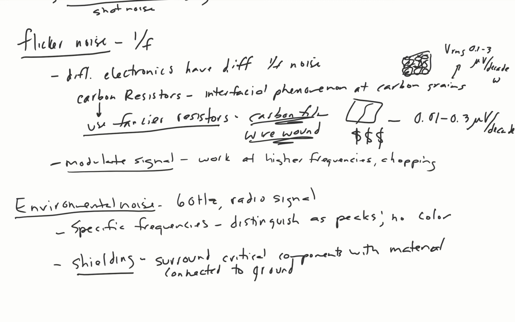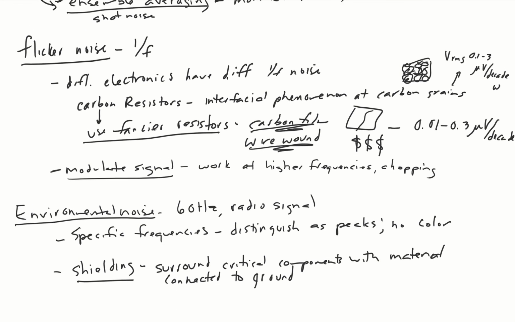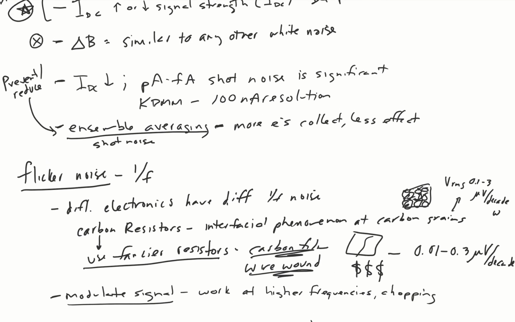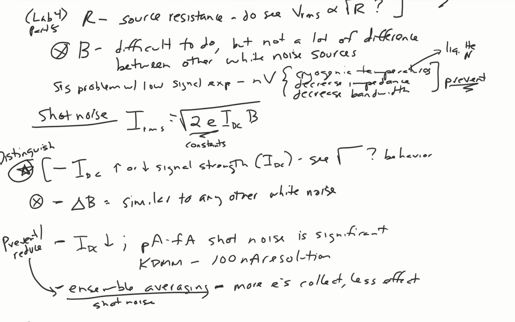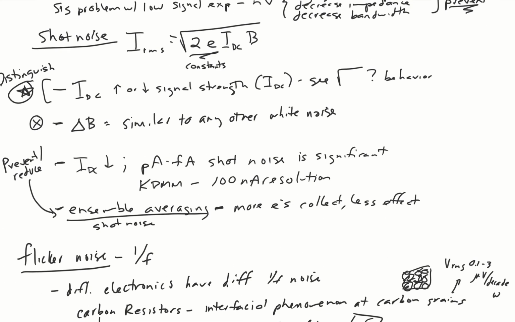So with all these different sources of noise we've talked about, this would be a hardware way with the shielding. Modulating the signal can be hardware or software, fancier resistors hardware, ensemble averaging software, decreasing the temperature and impedance. A lot of these ways are with hardware.